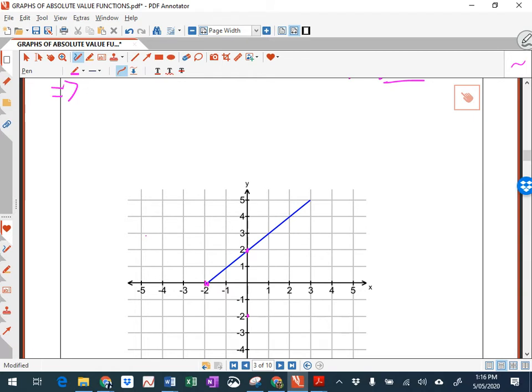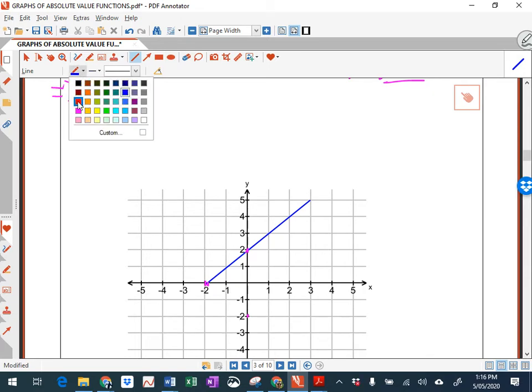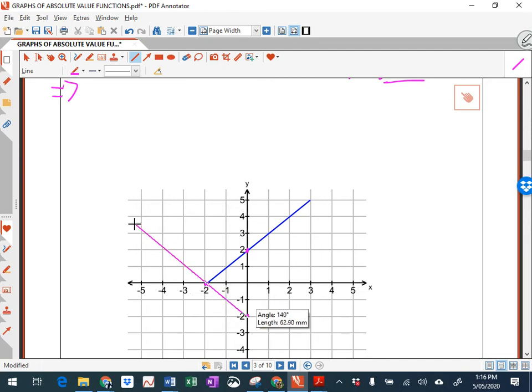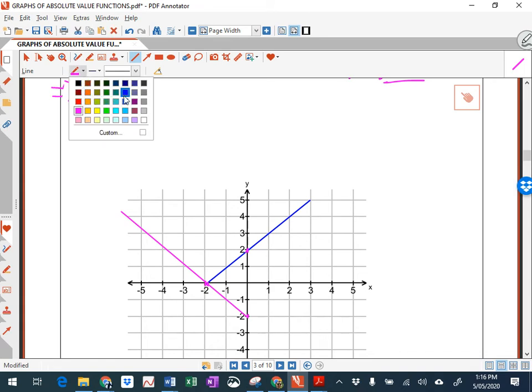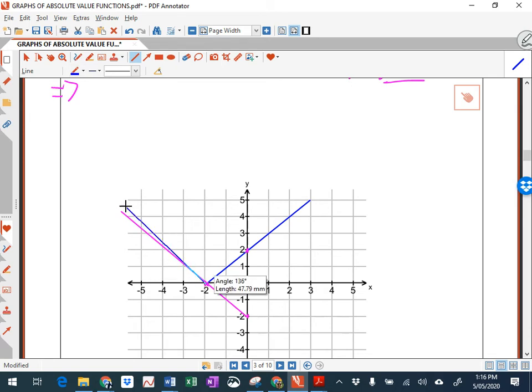Now you're going to get your ruler and you're going to put your ruler along these 2 points here, but be aware you are only going to draw that line if the x value is less than -2. Okay, so you're going to start from here and there's your second part of your graph there.